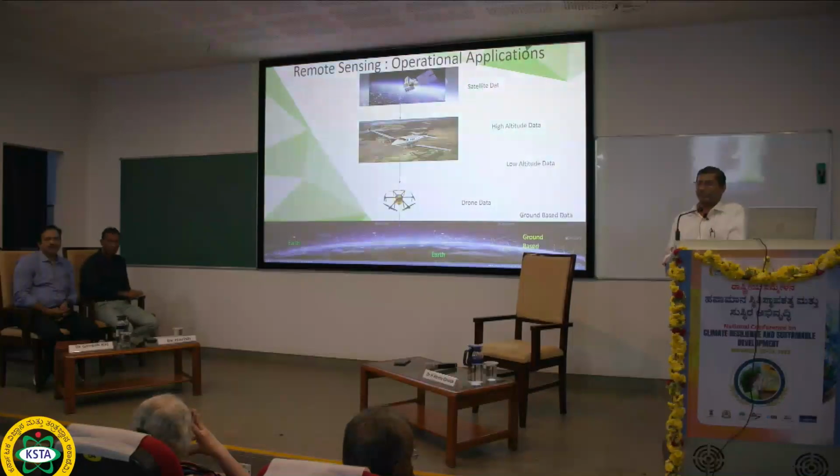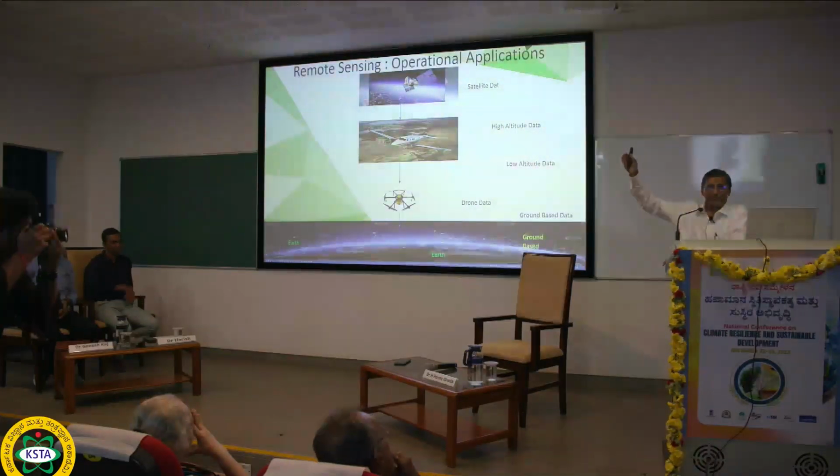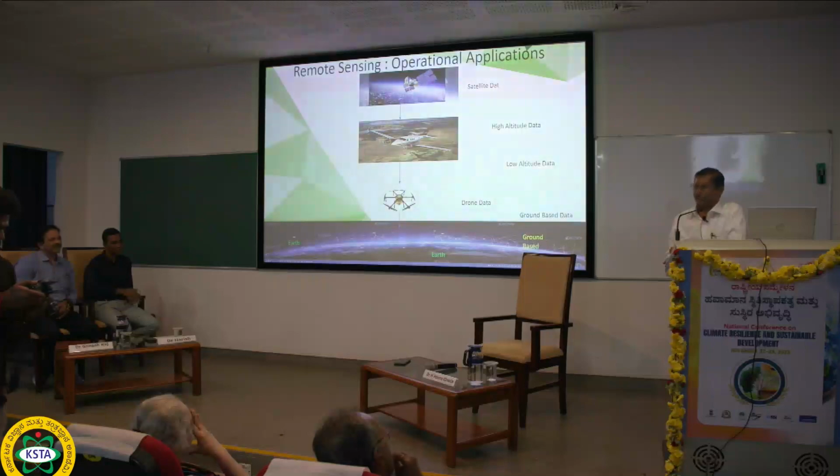During that time, the spatial resolution of the satellite was something like 80 meters. That means any object bigger than 80 meters can be seen from the camera put on the satellite about 800 kilometers away.